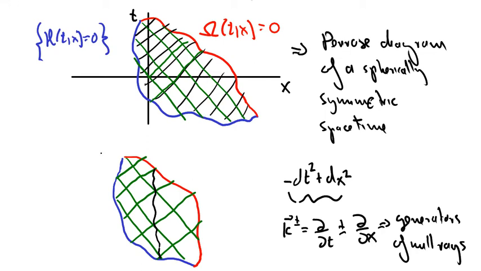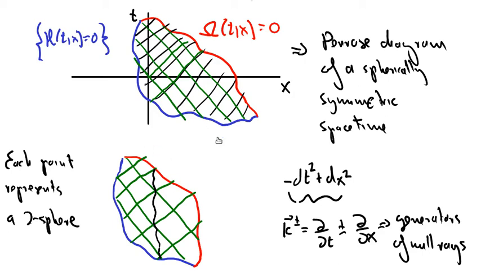Just notice that each point in this diagram represents a two-sphere. So if you want to imagine this representation in full, in four dimensions, you need to think about each point of the diagram as a two-sphere. Okay, so this is the theory, the definition.